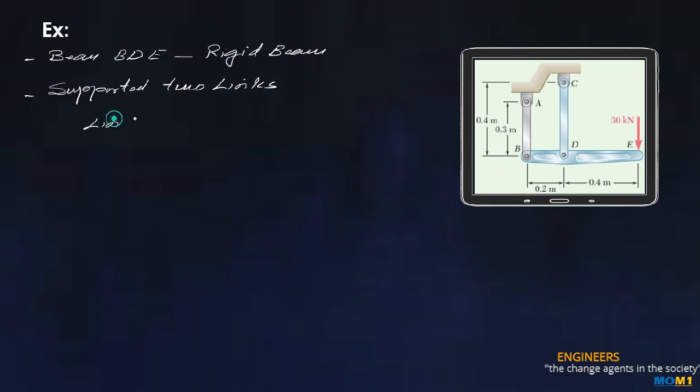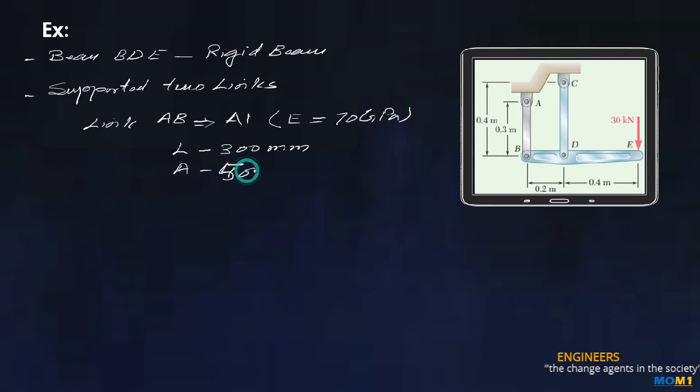Link AB is made up of aluminum material where the Young's modulus is 70 gigapascal, and the length of this link is 300 millimeter, and the cross section of this link is 500 millimeter square.